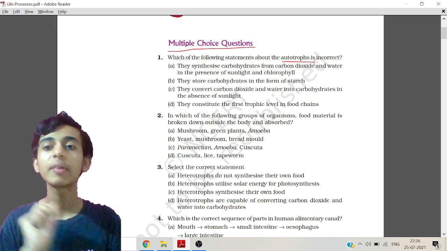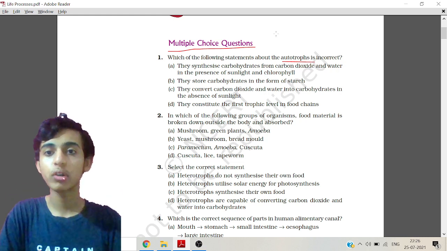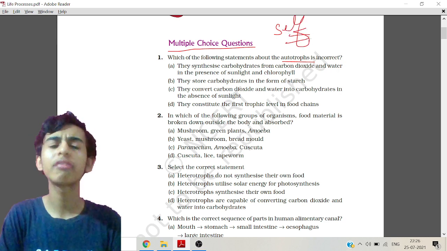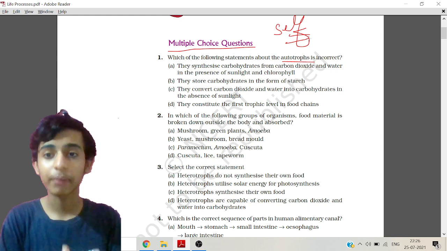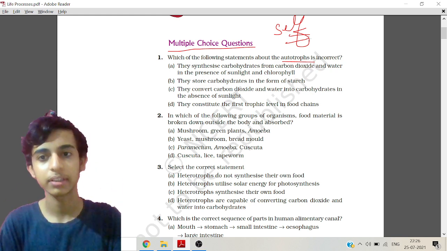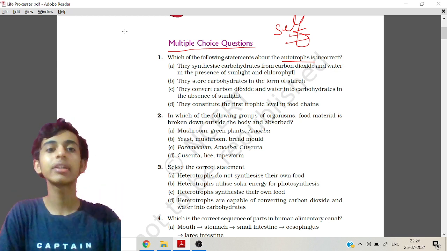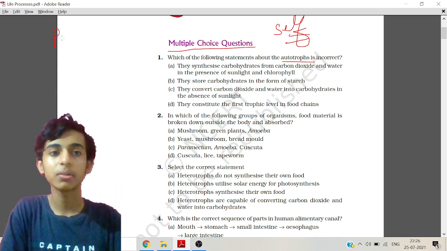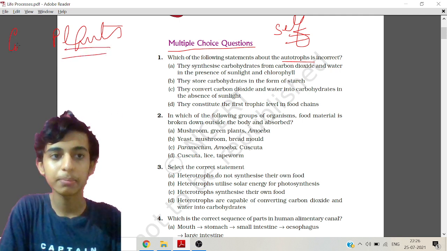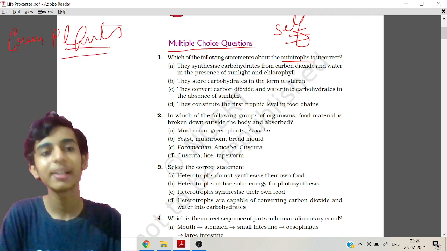First and foremost, we are talking about autotrophs. Auto means self. Trophic means nutrition. So the organisms which prepare their own food are known as autotrophs. Generally whenever you hear the term autotrophs, you tend to relate them with plants. I would say green plants, because chlorophyll is essential, right?